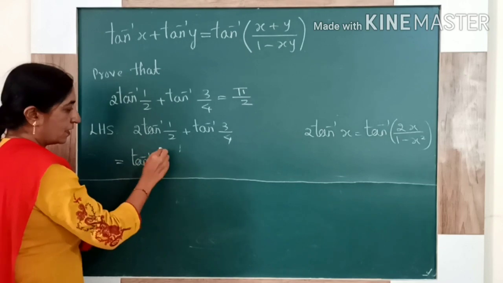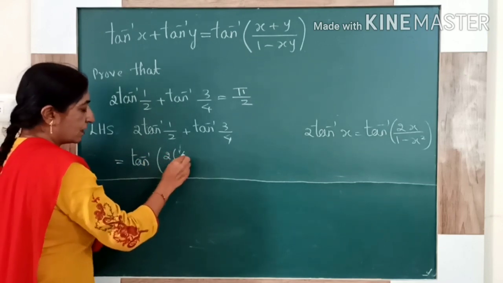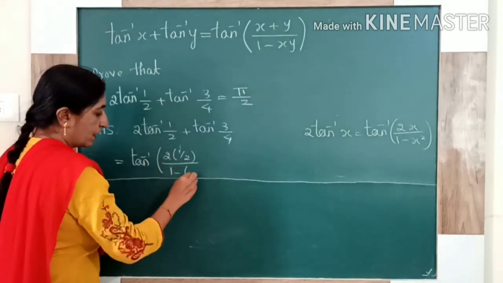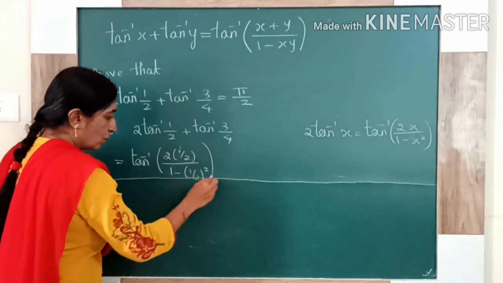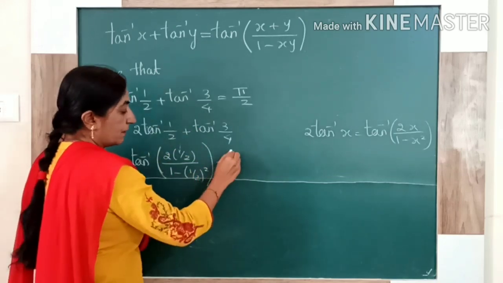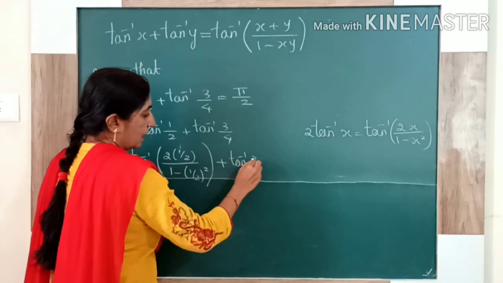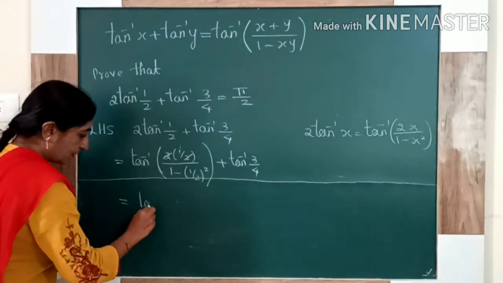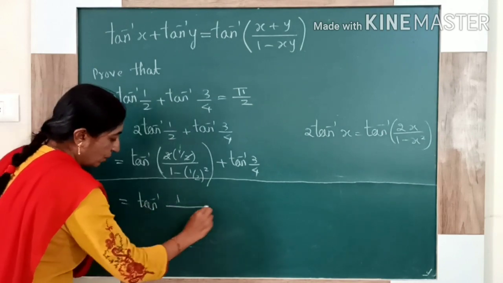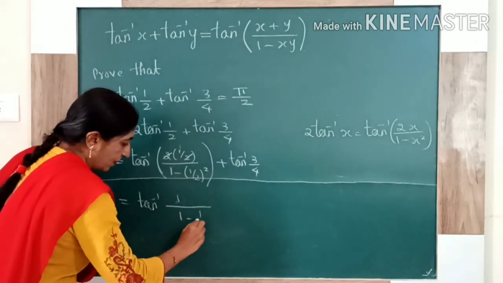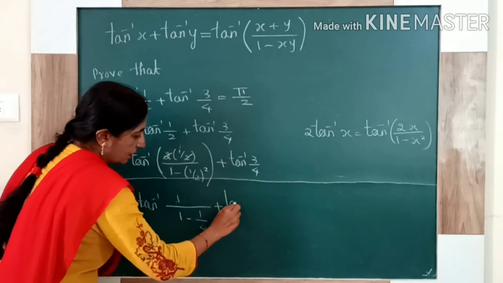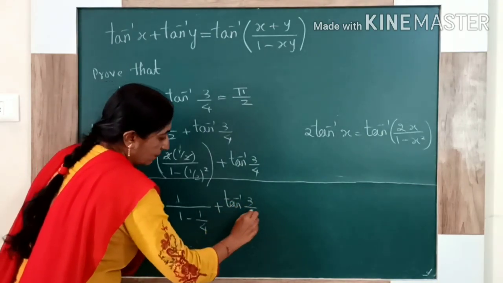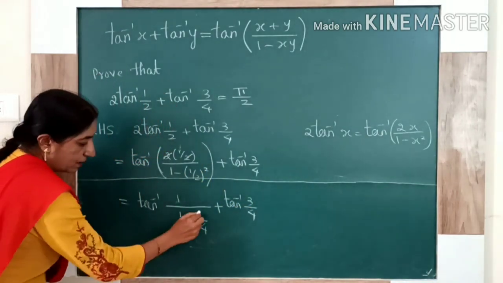It is tan inverse 2 into x, that is 1 by 2, upon 1 minus 1 by 2 whole square, plus, keep the second term as it is, tan inverse 3 by 4. Here these two get cancelled. Tan inverse 1 upon 1 minus 1 by 4, plus tan inverse 3 by 4.